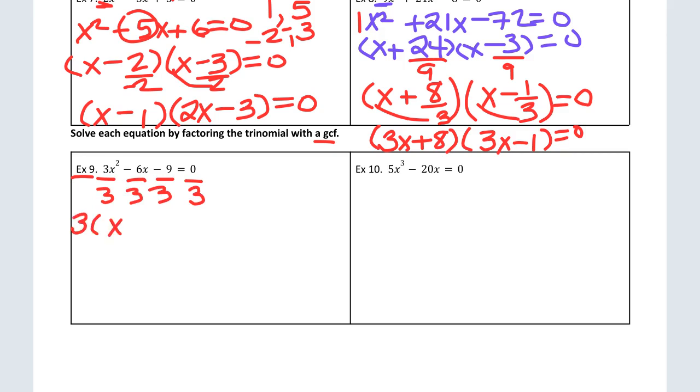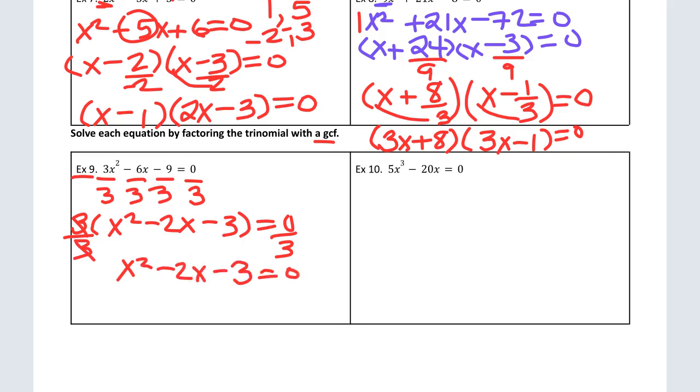Take out a 3 and we're left with x squared minus 2x minus 3 equals 0. Divide both sides by 3. Now if there was an x with the 3, we would need to set that factor equal to 0 because it becomes a factor, not just a coefficient. Leaving us with x squared minus 2x minus 3 equals 0.